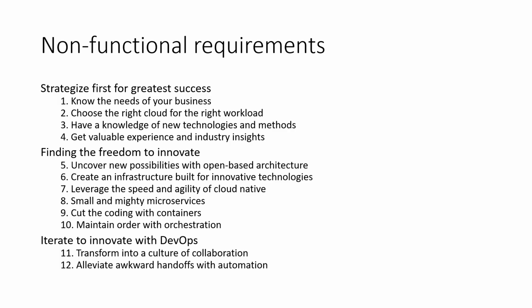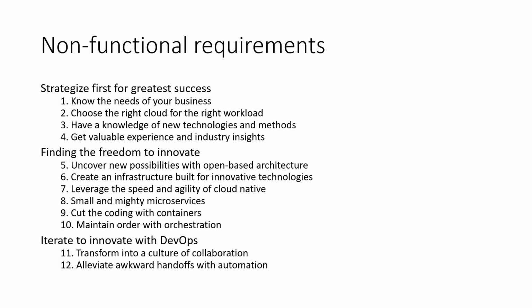In terms of point number eight, microservices mean speed and quality, which also includes small and mighty microservices. In terms of the ninth point, container technology is a perfect match with the microservice architecture because it supports smaller and faster deployments.